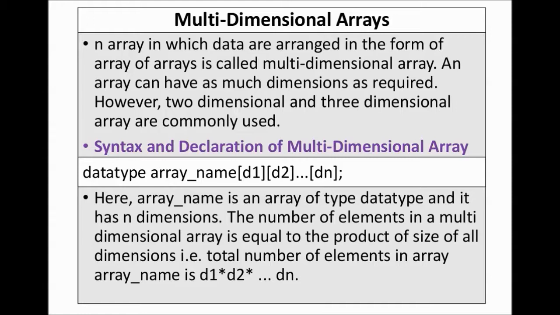If we use two dimensions, then we use two sets of brackets, and if we use more than two dimensions, then we use as many pairs of brackets as needed. So in this example, array name is an array of type data type, and it has n dimensions.